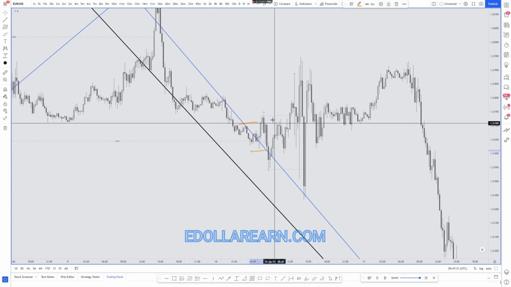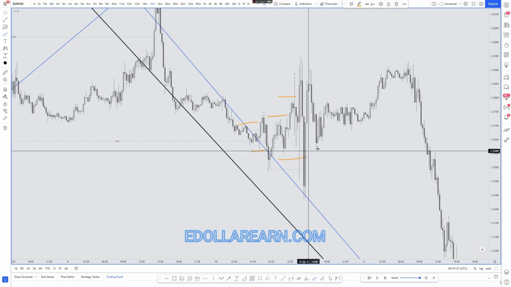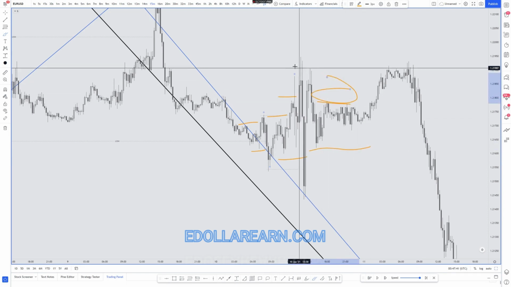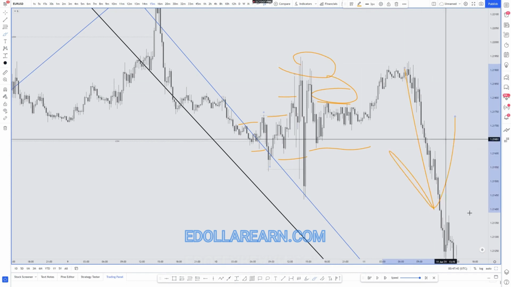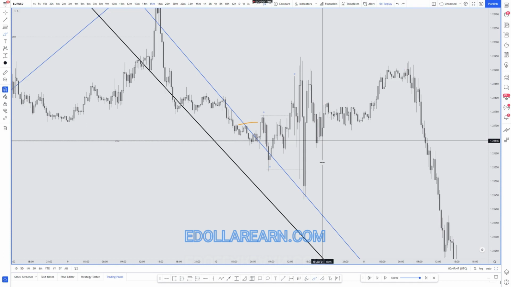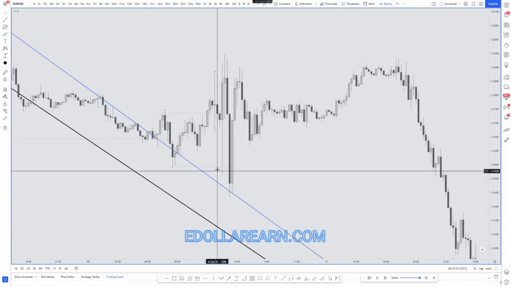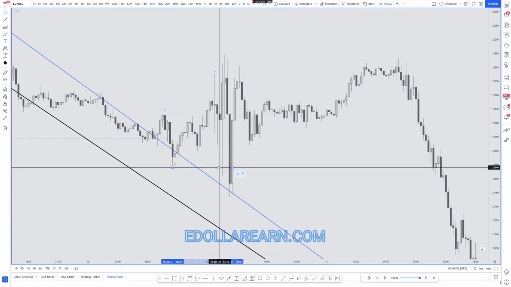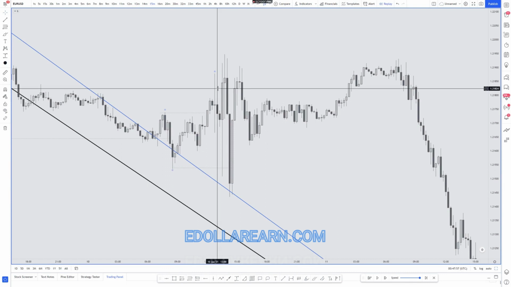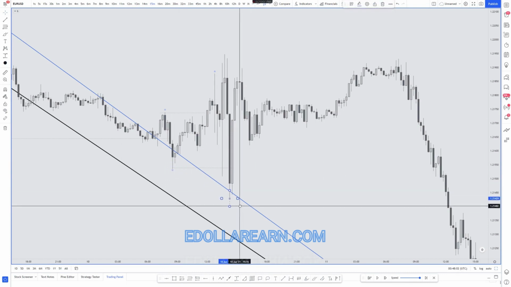Liquidity's wiped up, down, up, down, up, and you stack more liquidity here, stack liquidity here, you wipe all of this, and then the real move begins. This is a very common scenario. You'll notice it happen over and over again. It is a couple sections up ahead where we talk about ranges and why they happen and what they are.